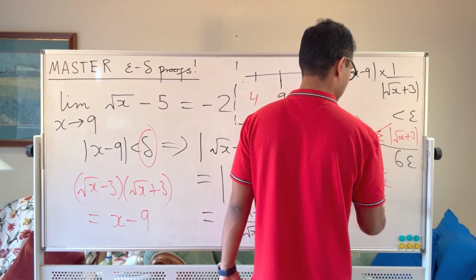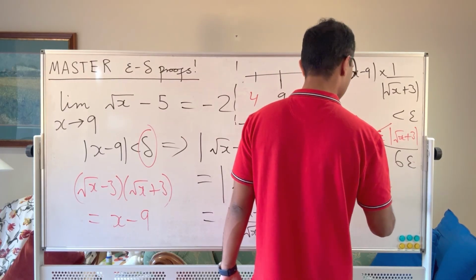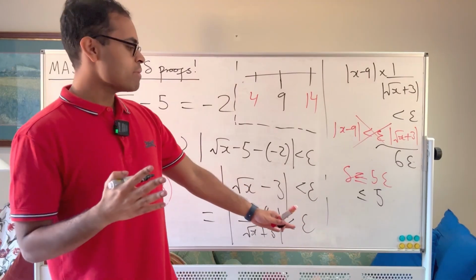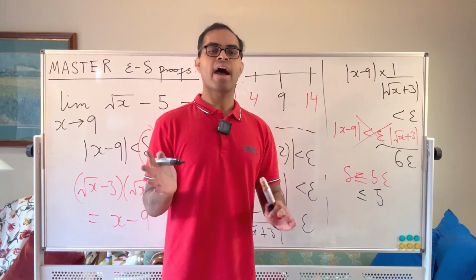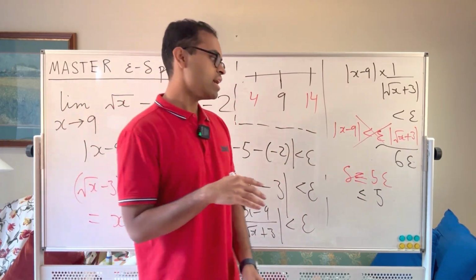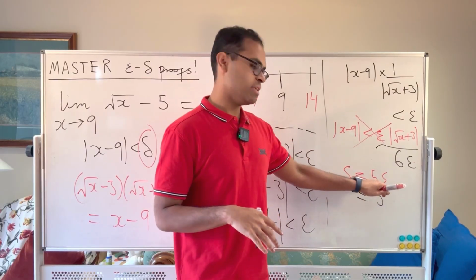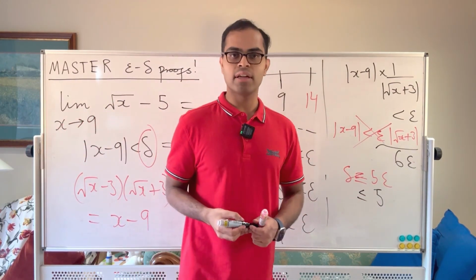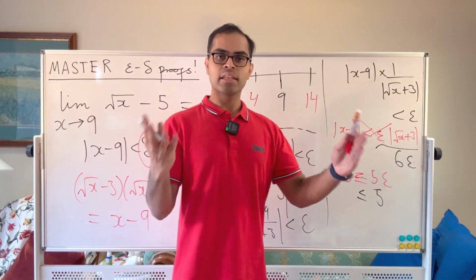So we can take our delta to be less than or equal to the minimum of 5 epsilon and let's say 5. We could also take 1, it doesn't really matter. We can take 1, 2, 3, 4, 5. We can't take 6 because then we'll get a smaller number than 5, and then we need our delta to be even smaller. So let's take the minimum of 5 and 5 epsilon, and let's then write our proof.